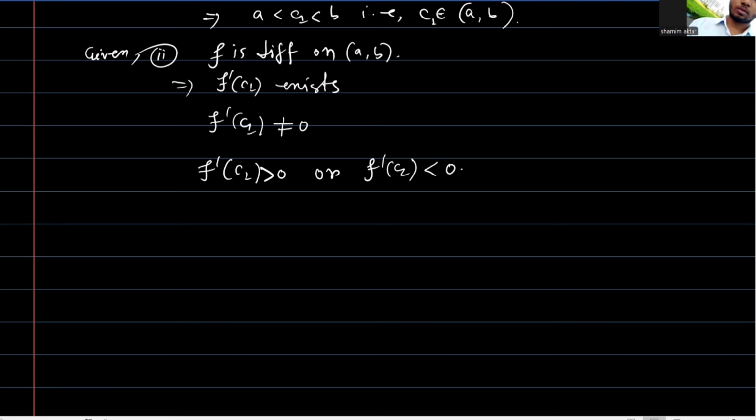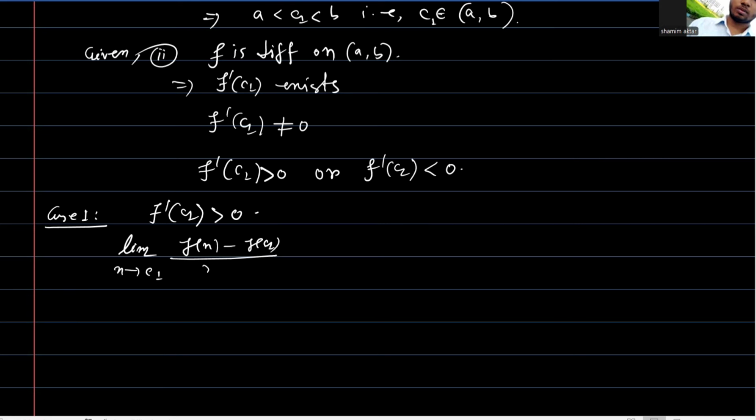Now first case, f dash c1 greater than 0. By the definition of the derivative, this implies the limit as x tends to c1 of f of x minus f of c1 by x minus c1 is greater than 0.